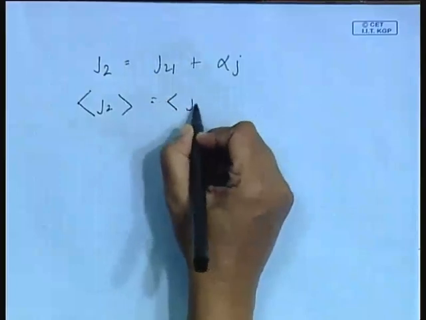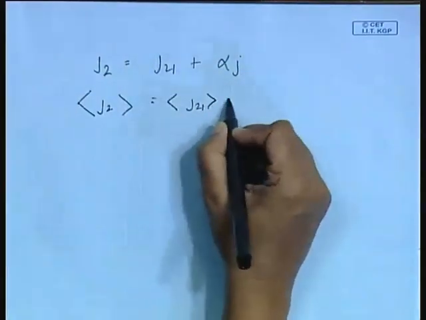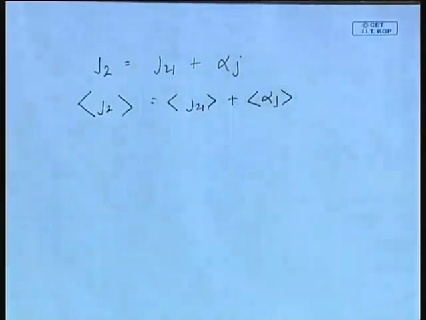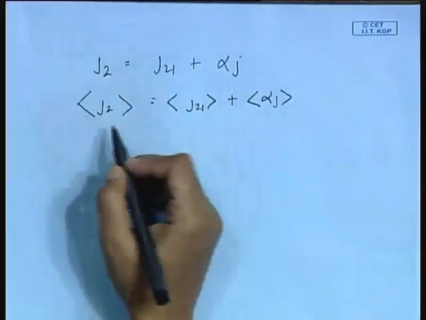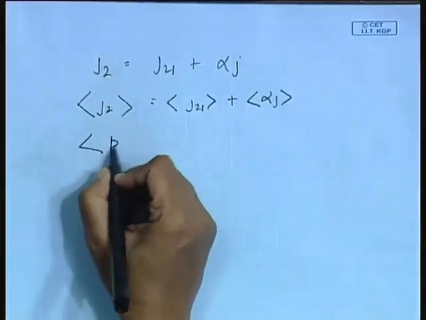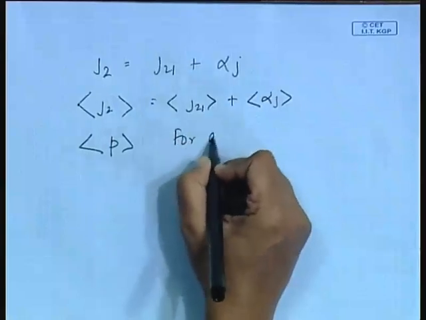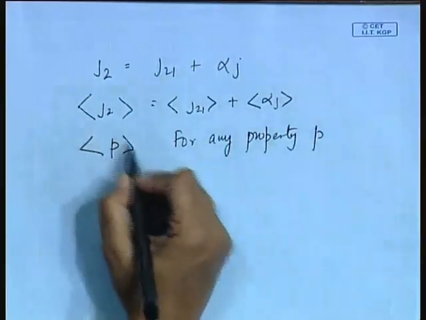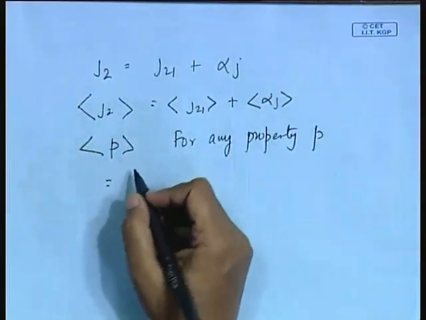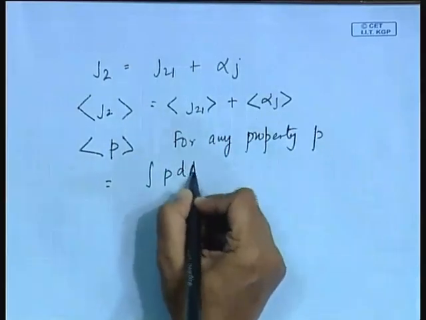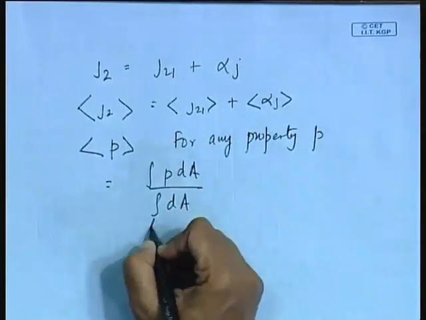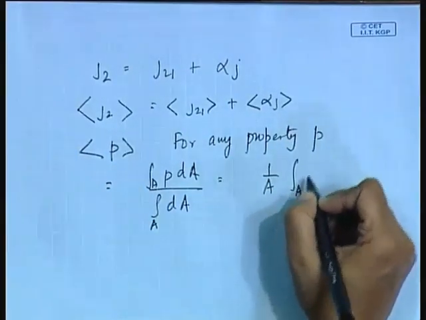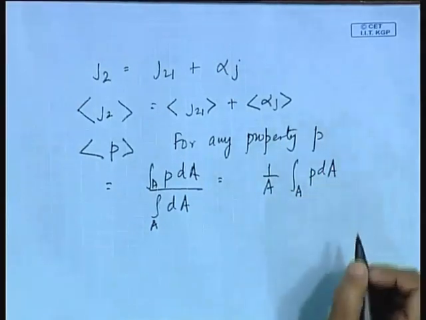What we mean is that all these quantities are averaged over the entire cross section, where for any property P, these squarish brackets basically mean integral P dA divided by integral dA over the entire cross sectional area, or in other words 1 by A times integral P dA.